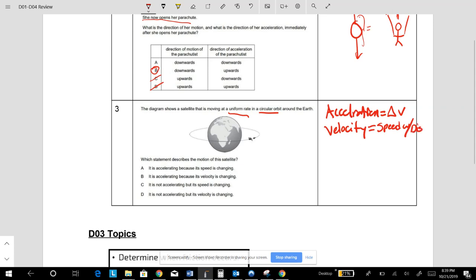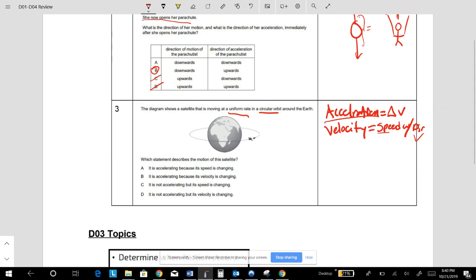So if my speed stays the same, but my direction changes, then I would technically have a change in velocity, which means I have acceleration. So with acceleration, if I change my velocity, I am accelerating.